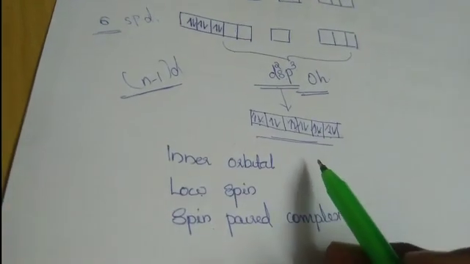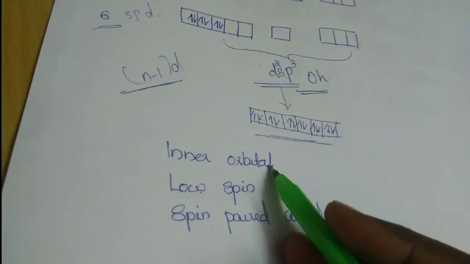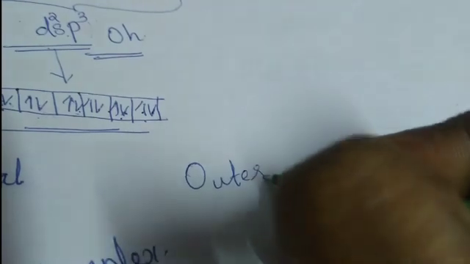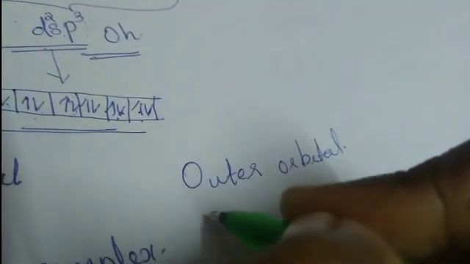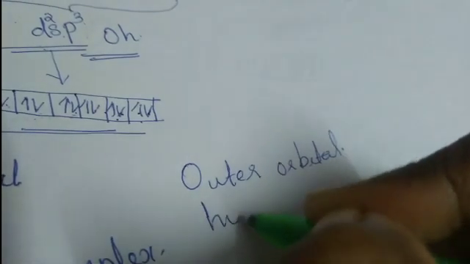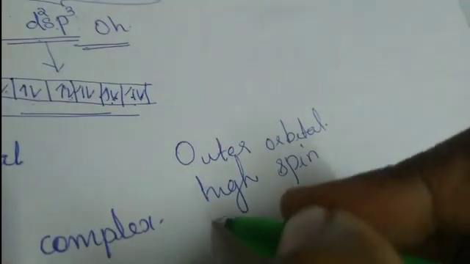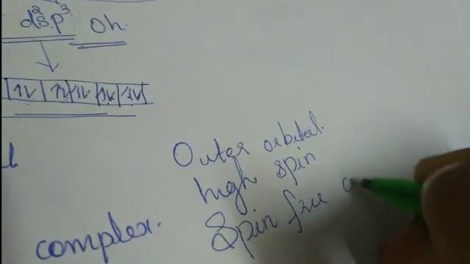If the outer orbital is used, then it will be called an outer orbital complex or high spin complex or spin free complex.